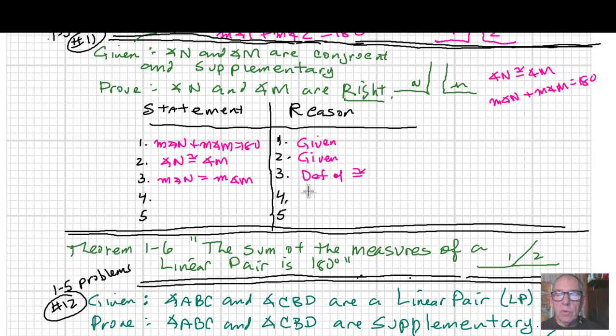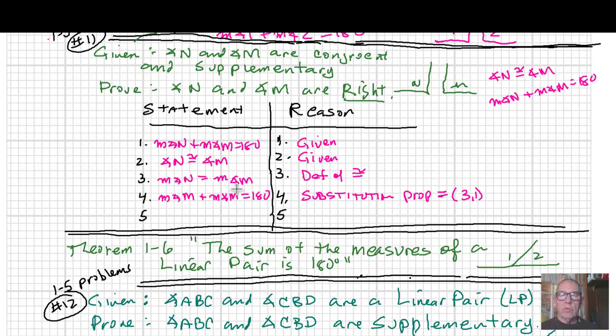So we're going to use the substitution property of equality. And we're substituting between 3 and 1. I like to note that. This means equality. And we're going to say that the measure of angle M plus the measure of angle M equals 180.